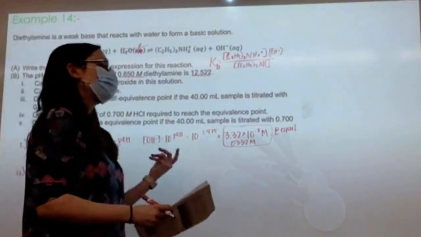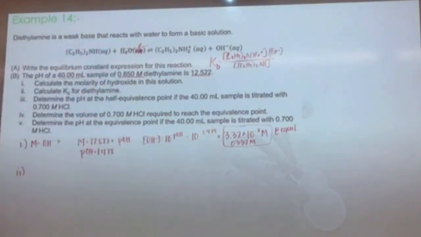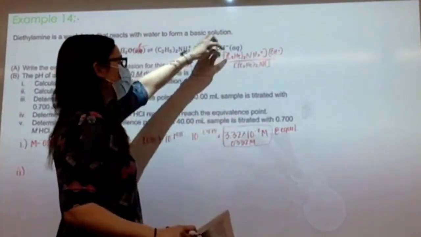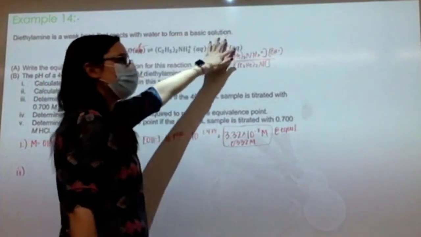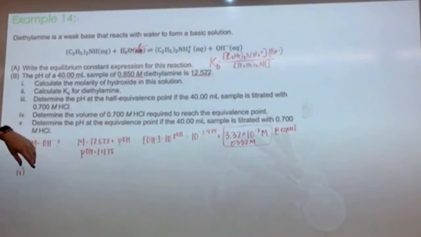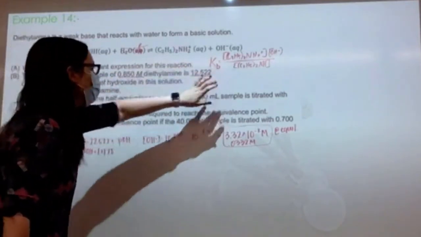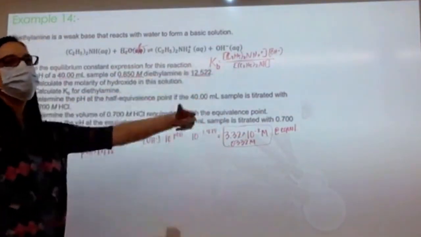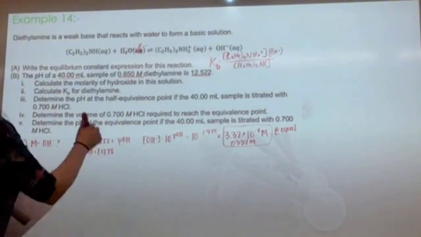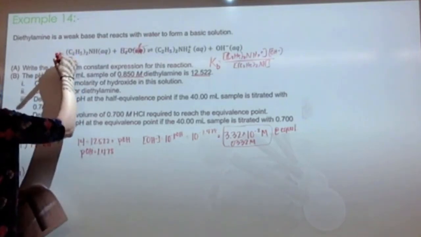Now you could set up an ice table, or some people will look and say, well, I know what OH minus is at equilibrium, so I know what the other product is at equilibrium. And I know that diethylamine is the initial minus the equilibrium amount. So if you wanted to set up an ice table right underneath here, you could.